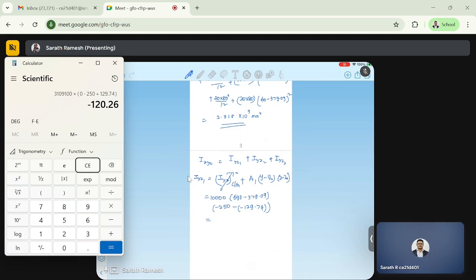So this will be minus 3.739 into 10 to the power 8 mm^4.